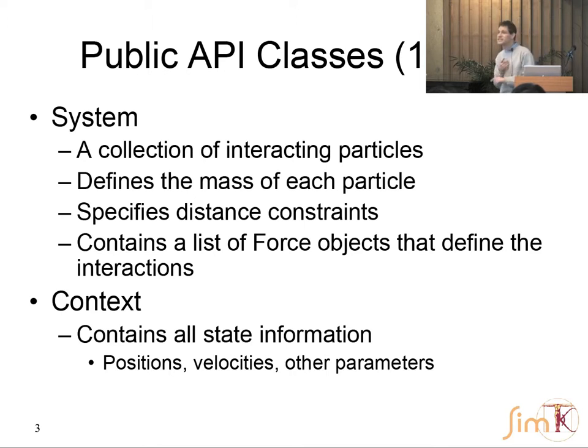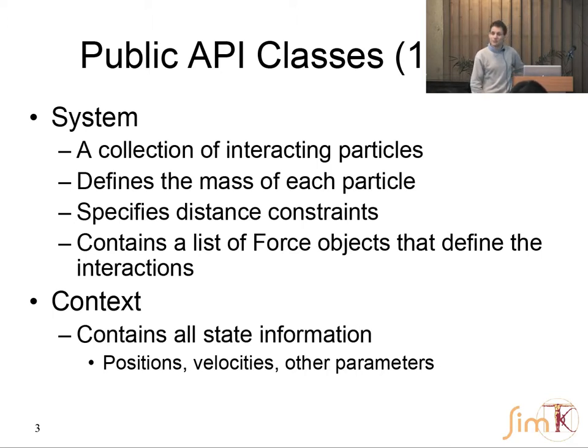The first one is called System, and you've already seen the System class because it's come up in your example scripts. But conceptually, what a system represents is a collection of interacting particles. That's really what we mean when we talk about a system in OpenMM. And the system class defines a small set of information related to this. It defines how many of these particles there are.